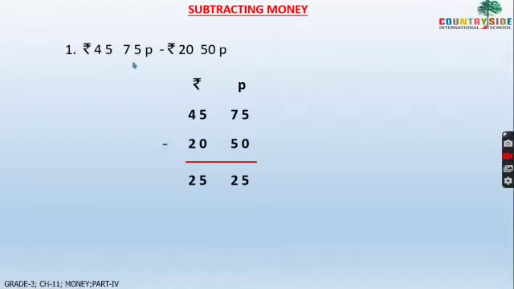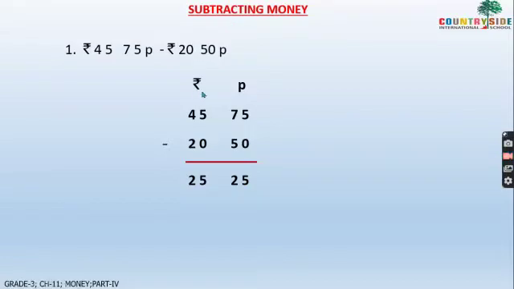Rupees 45.75 paise minus rupees 20.50 paise. Now here rupees 20.50 paise you have to subtract from rupees 45.75 paise.